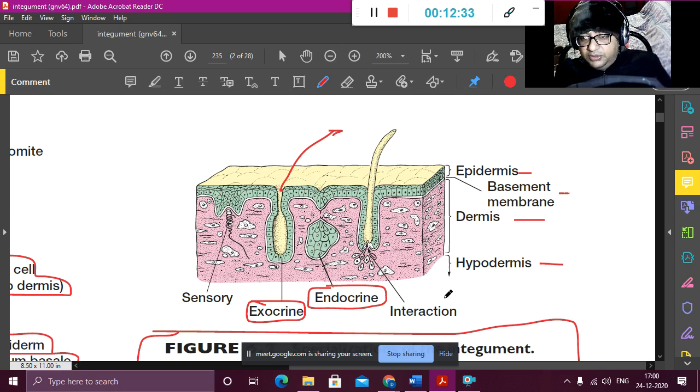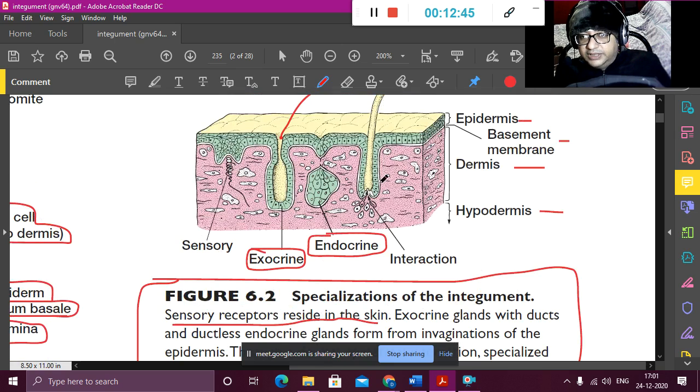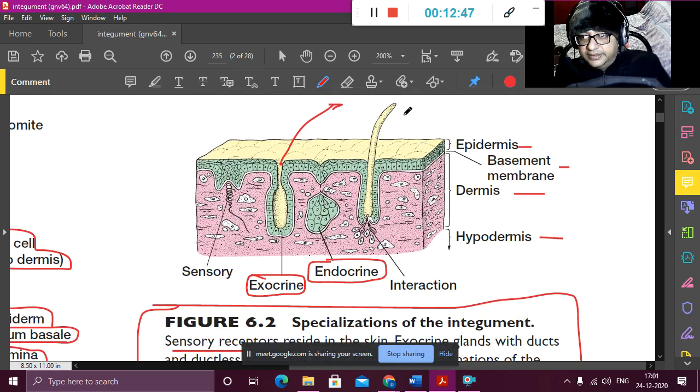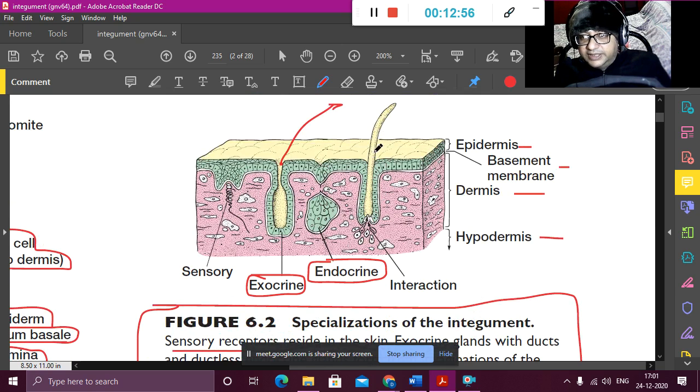Apart from that, you have certain cells which have an interaction. So structures like this can be a feather, hair, teeth, etc. Certain skin structures can rise. So we are talking about these skin structures.